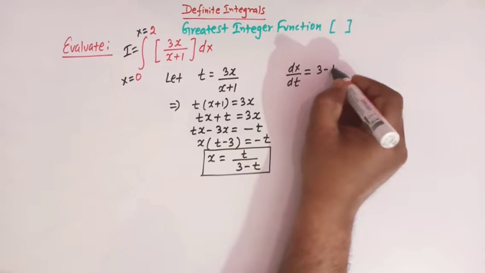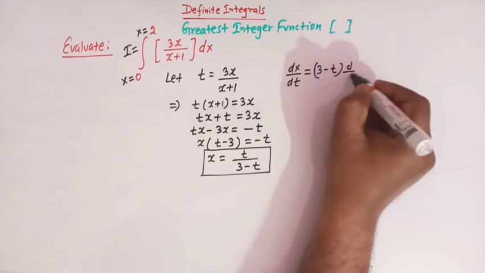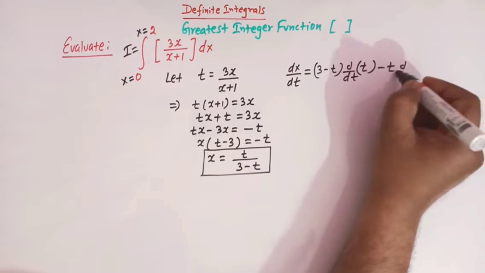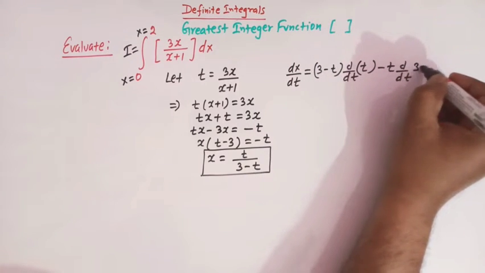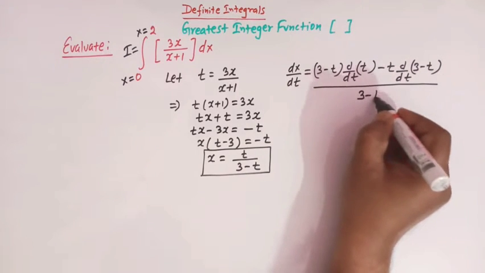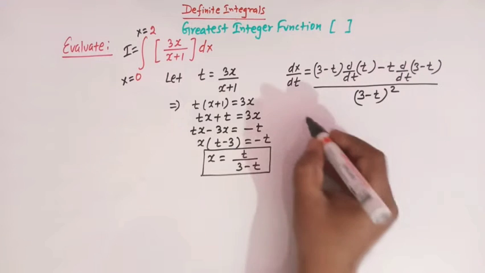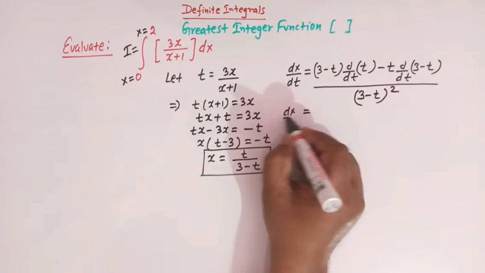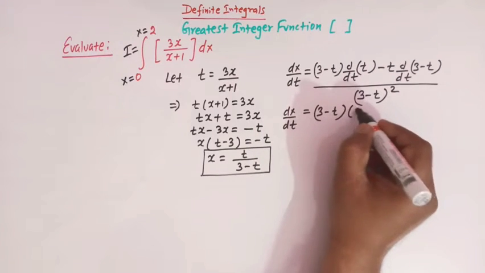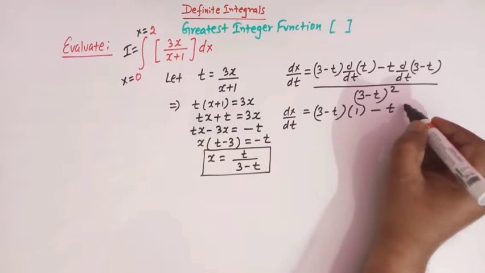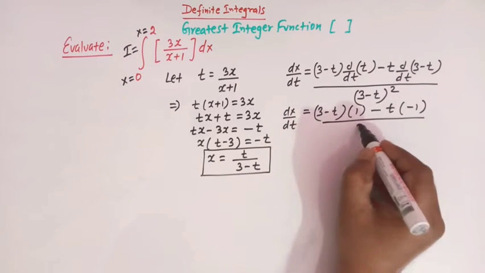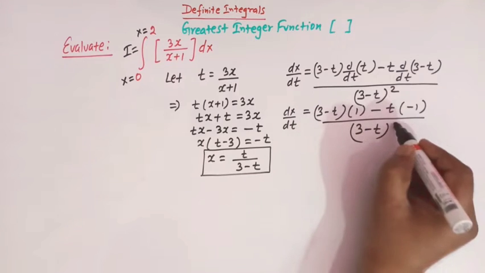We have 3 minus t times the derivative of t, minus t times the derivative of 3 minus t, divided by 3 minus t whole square. So dx over dt is equal to 3 minus t times 1, minus t times minus 1, over 3 minus t square.